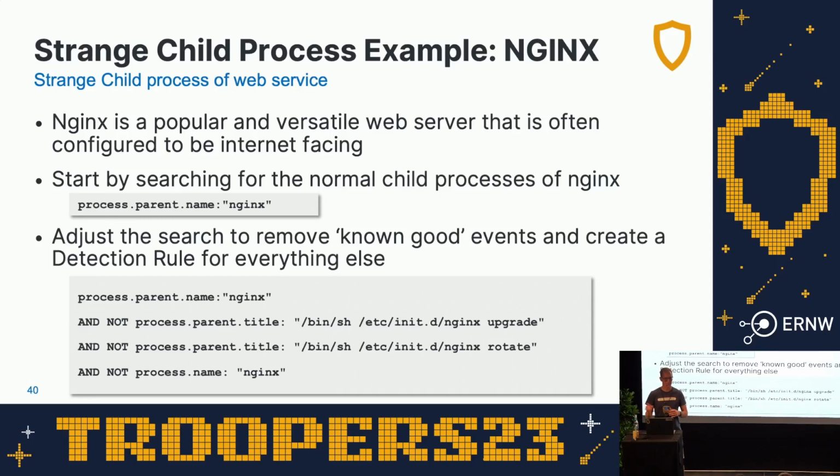So I'm going to filter that out. And then I see that when NGINX gets run to do an upgrade, it spawns lots of strange child processes. But if I filter those two events out, now I get zero results. So I have a detection that's pretty solid to say, hey, if I ever see NGINX spawning curl or bash or anything like that, fire an alert. It just got exploited. I just detected a zero-day. Yay me.